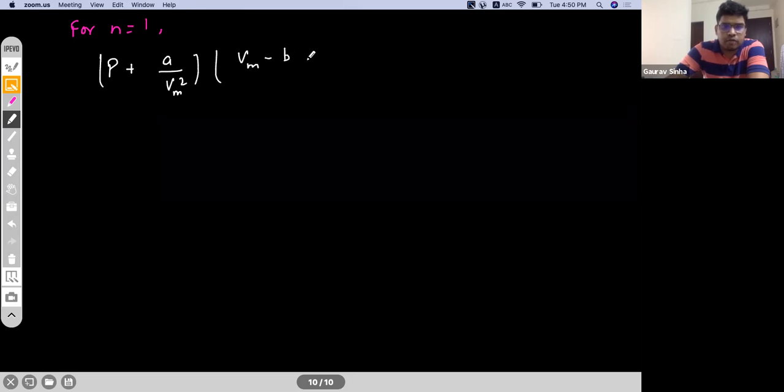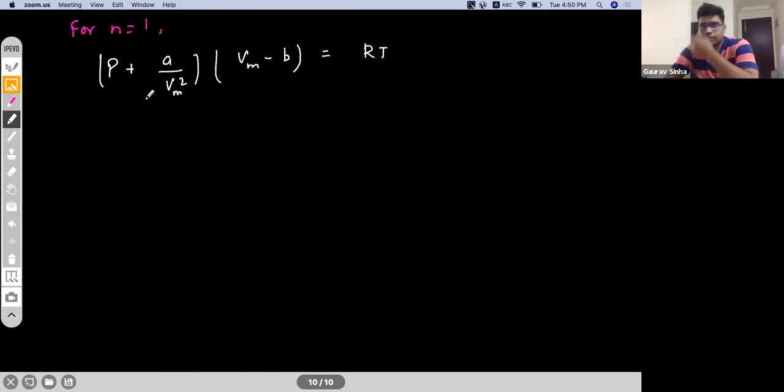Simple one. For n equals 1, the real gas equation is (P plus a by Vm square) into (Vm minus b) equals RT. What we need to find out, always keep this in mind, is the condition we have to apply.